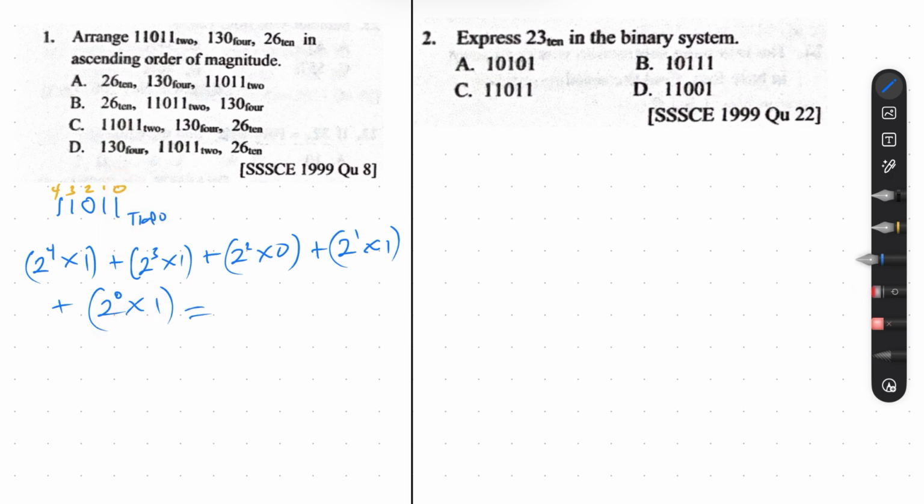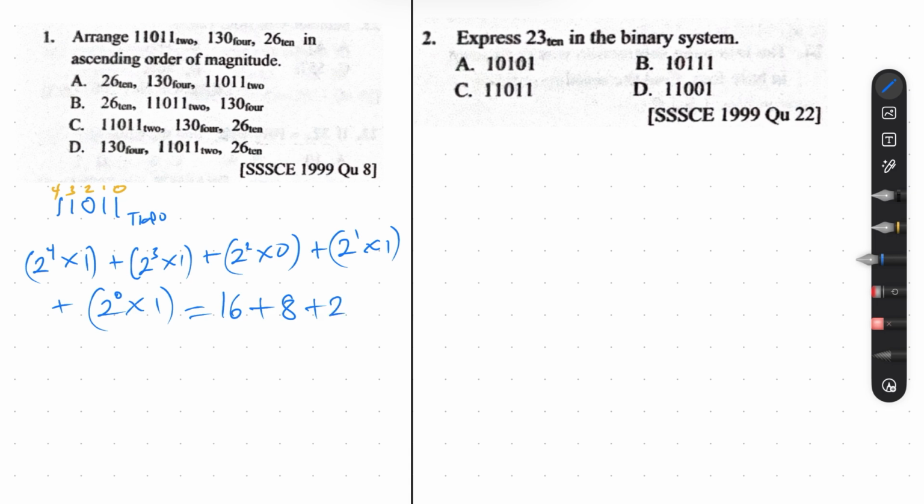Then find the solution. Basically that's it. So 2 to the power of 4 is what? 16, right? 16 plus, then we multiply times 1, which is still 16, so we leave it like that. Then we have 2 to the power of 3, which is 8, times 1 is 8, right? So plus 8 plus 2 to the power of 2 is 4 times 0, which is 0, right?